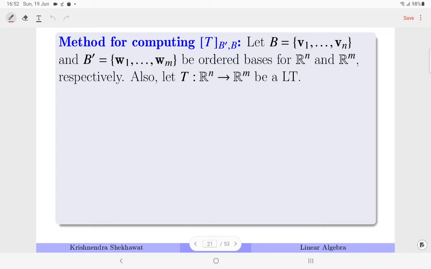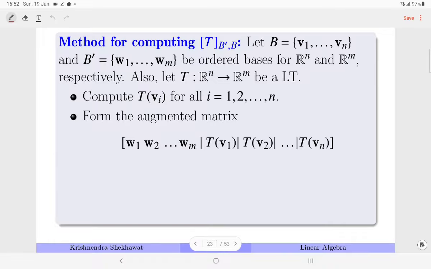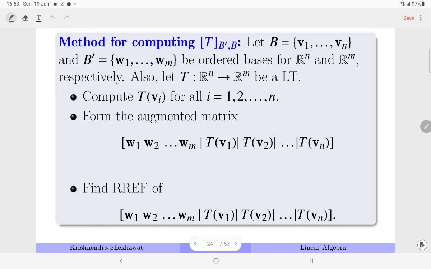It says that if we have B and B dash as the bases for the vector spaces V and W, and T is a linear transformation, then to compute T of B dash B, I must compute T of Vi first, which we are doing, and then I can write W1 as the first column, W2 as the second column, and so on, and then T of V1 as the first column, second column, and then I compute its RREF.